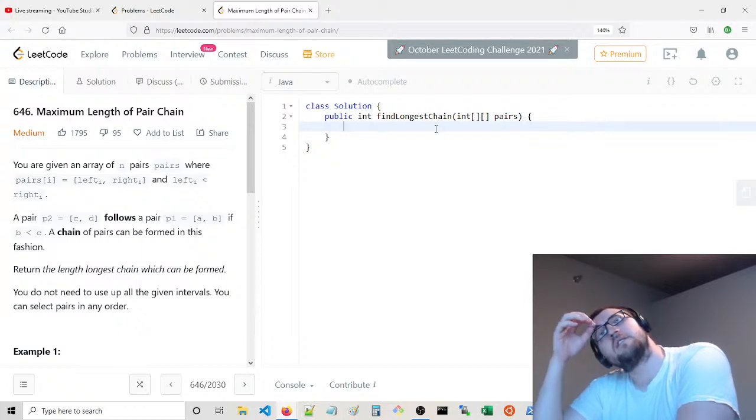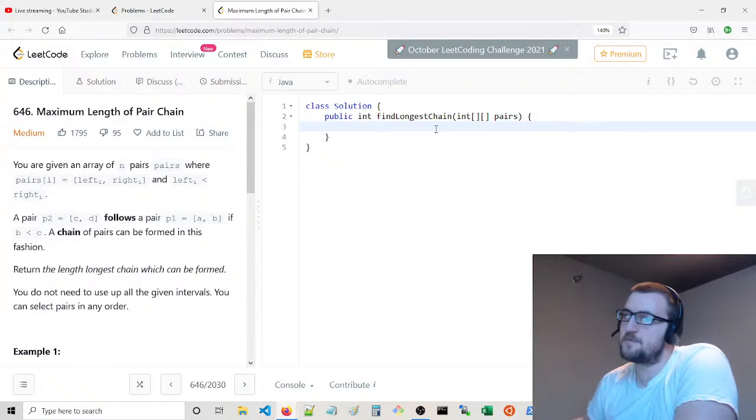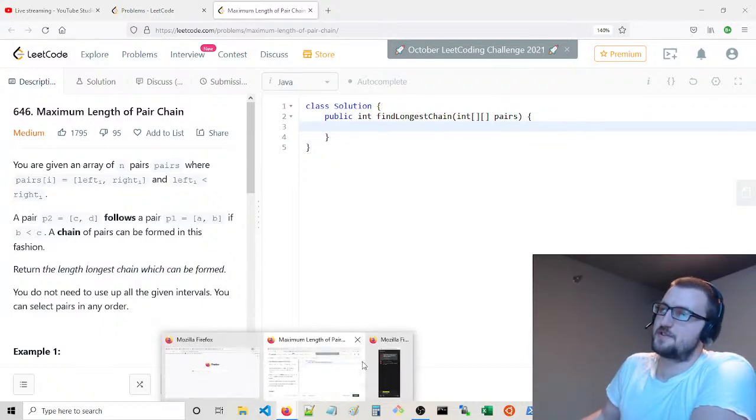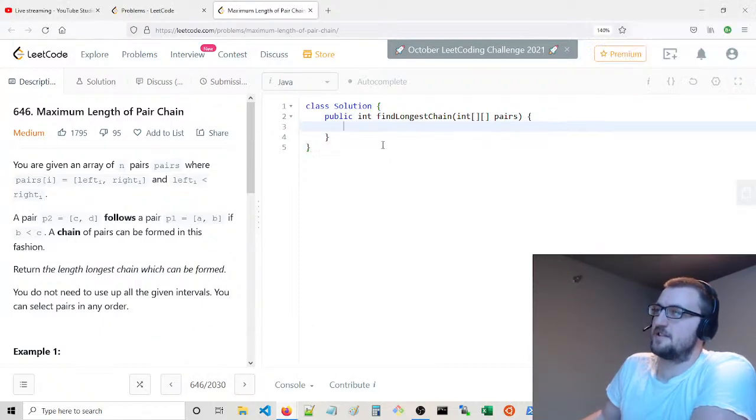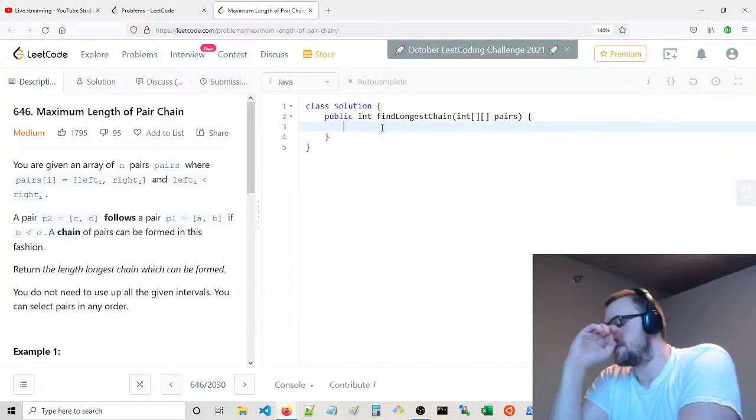It's tricky. Yeah. I don't know, man. It's hard. I'm kind of struggling to think it through, because I think I'm making this harder than it is.